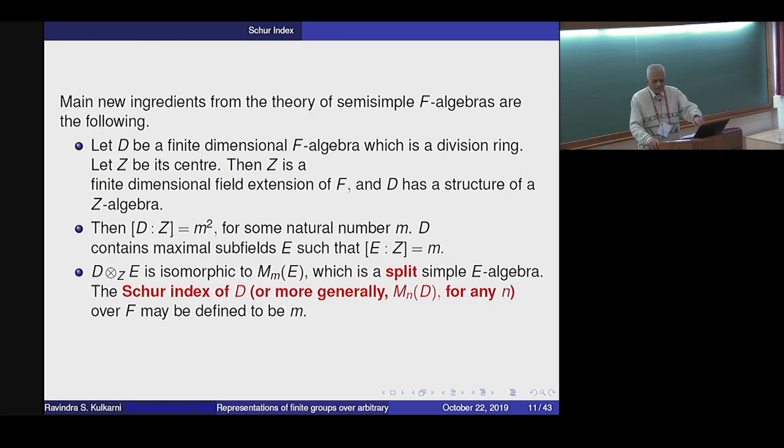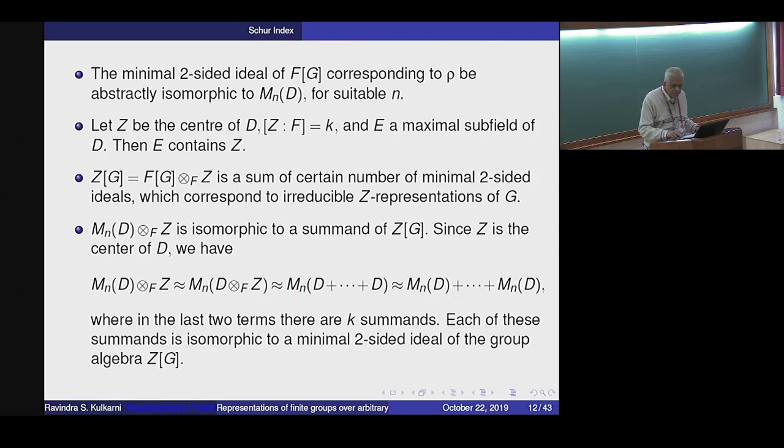The dimension of E is the smallest dimension for which this D tensor that field would be split. The Schur index of D, or more generally of M_n(D) over F, may be defined to be m, as we do these days for semisimple F algebras.